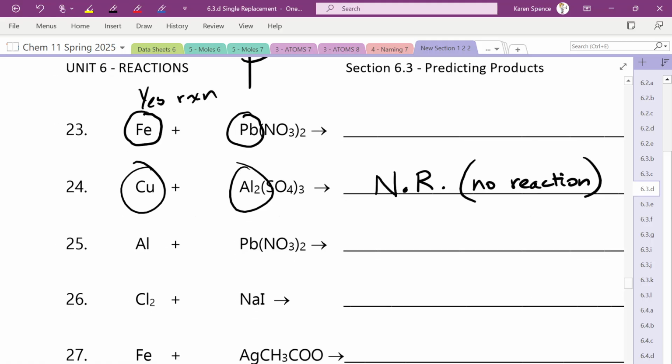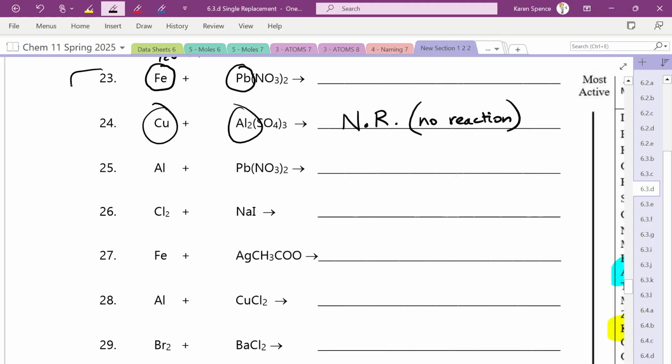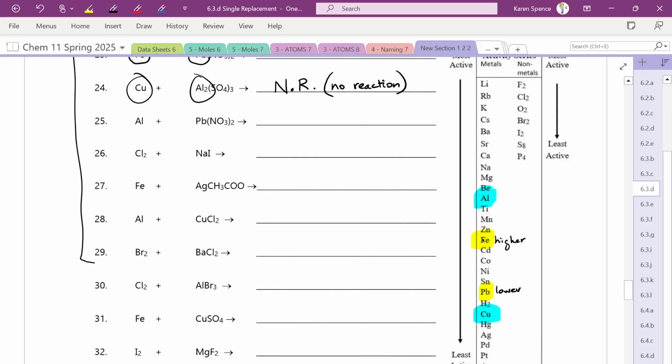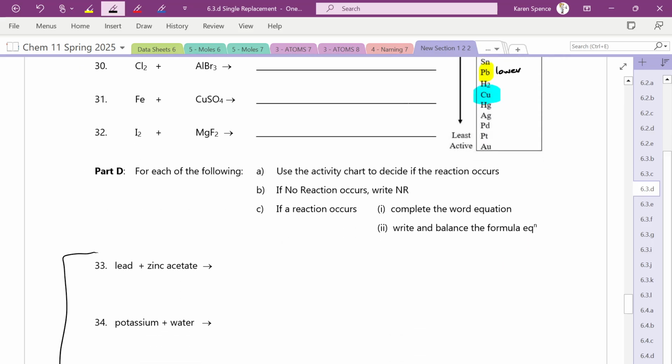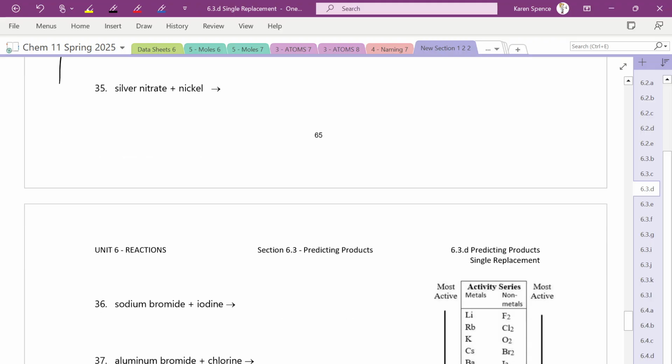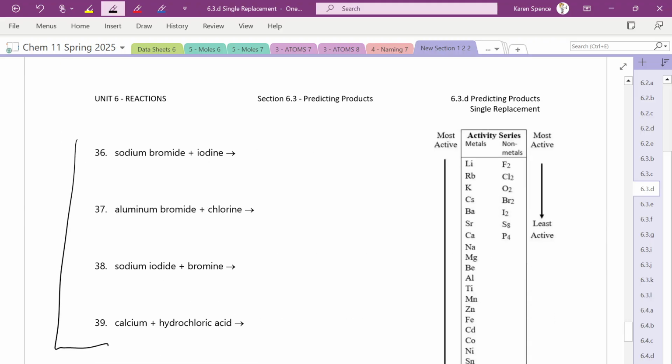So what I'm going to do is I'm going to have you do numbers 23 through 29. And then you are going to do number 33 through 39. So that's pages 65 and 66.